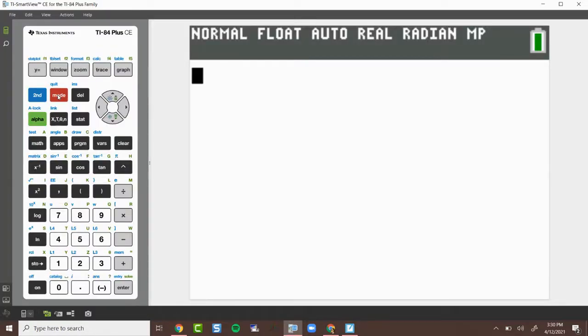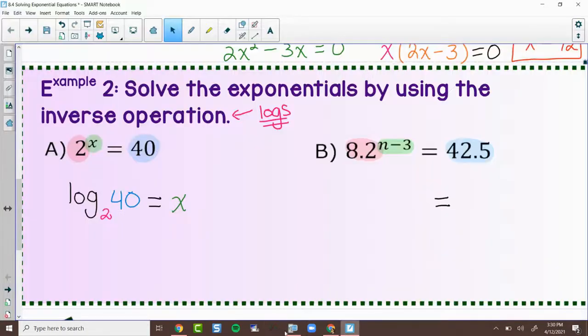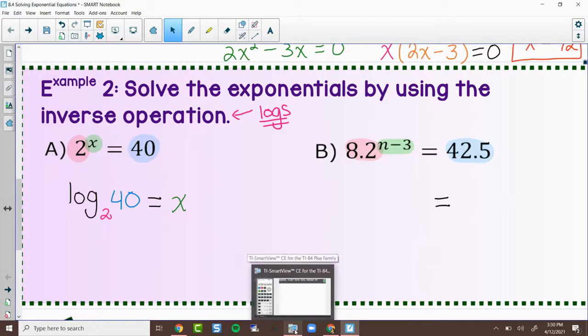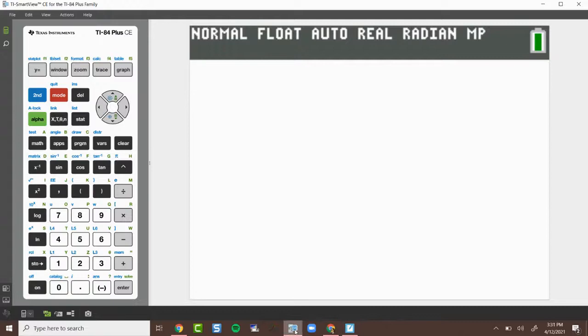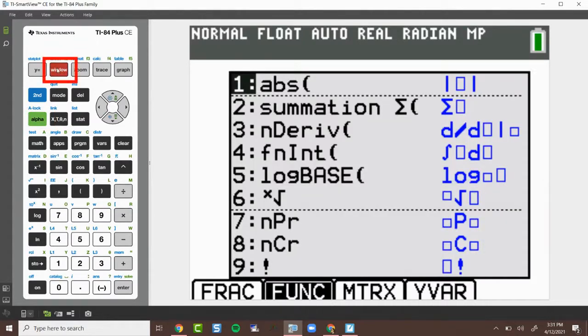Here's how I can show you how that number is actually just a number. So right now, we have log base 2 of 40. Yes, that's possible to do in your calculator. Hit the alpha button, and now you're going to tap on window, and you should see a familiar option, option 5.